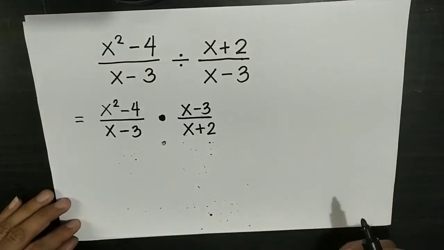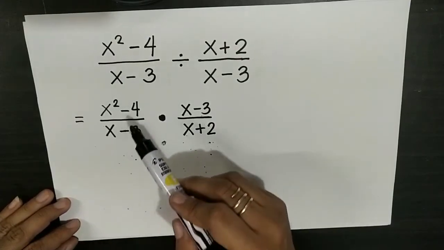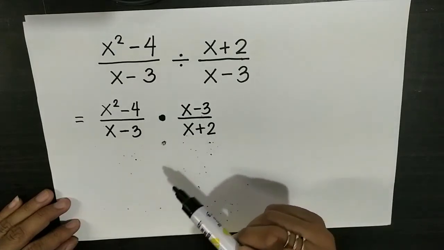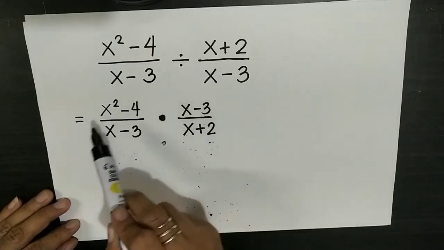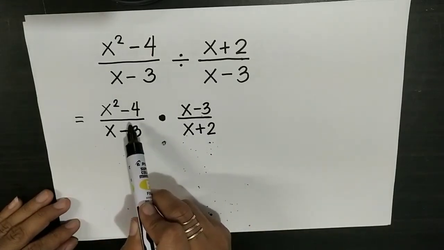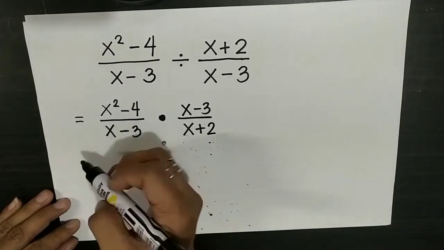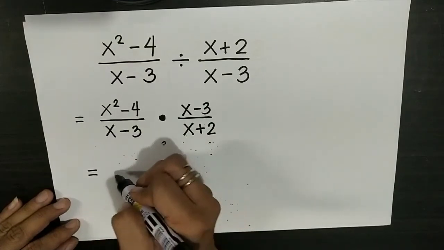Okay. Now, make sure that all expressions in the numerators and denominators are factored out. In this example, x squared minus 4 can be factored. This is a difference of 2 squares. So we will factor this first before canceling the common factors.